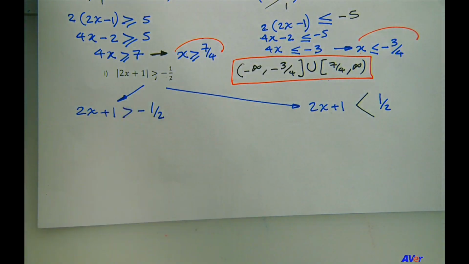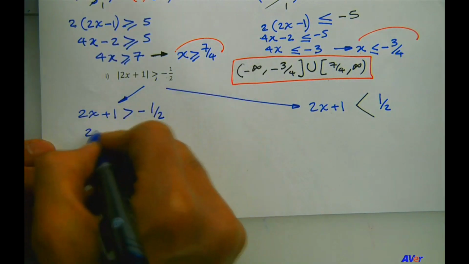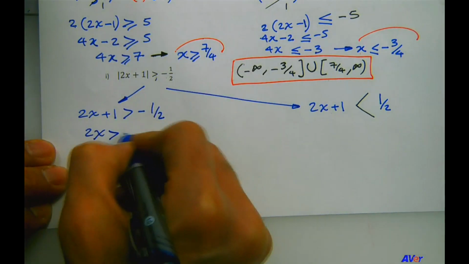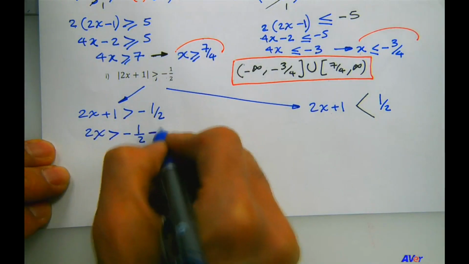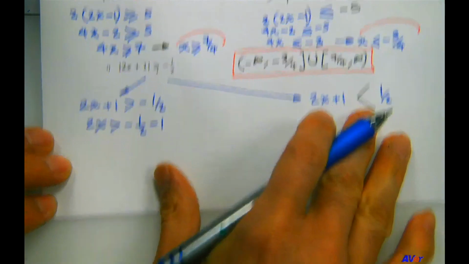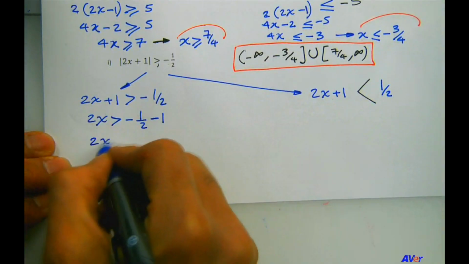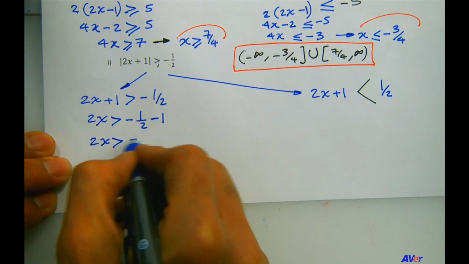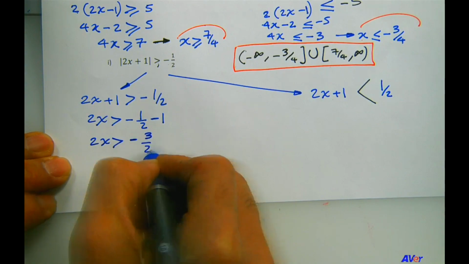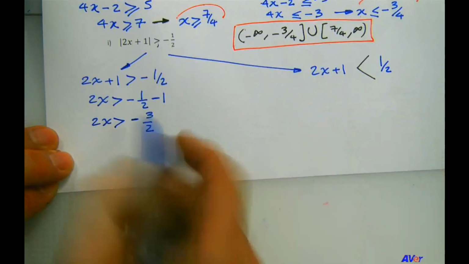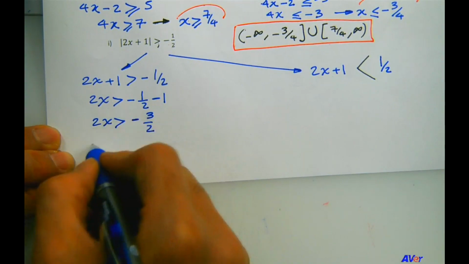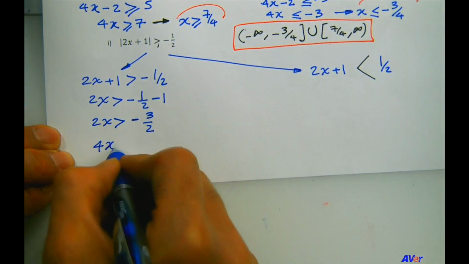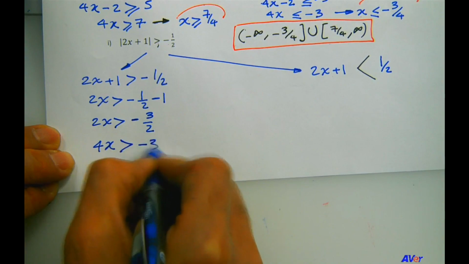All right, so the rest of this is 2x greater than minus 1/2. Move the positive 1 to the other side, you get minus 1. And then we have 2x greater than minus 3/2. And then multiply both sides by 2. What do you get? You get 4x greater than negative 3.